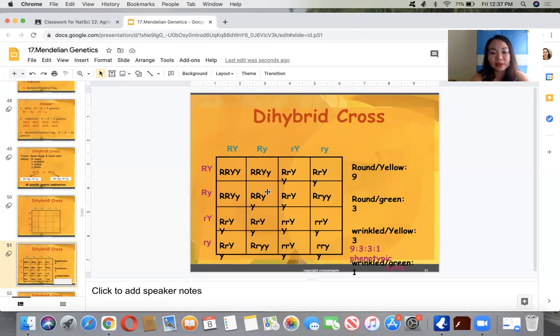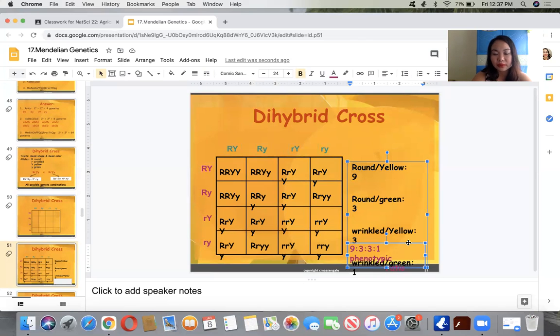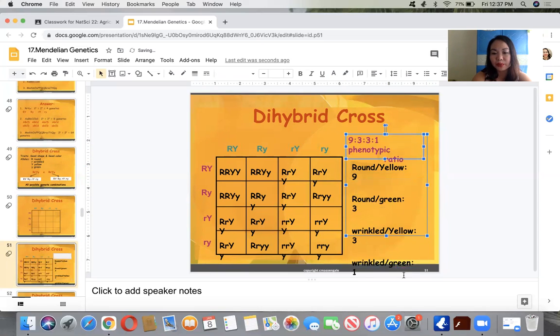I mean, the round and yellow combination are all 9, while the round and green combination are 3, and the wrinkled and yellow is also 3, so the phenotypic ratio is 9 is to 3 is to 3 is to 1, while the wrinkled and green ratio in here is 1. So I'm sorry for this.